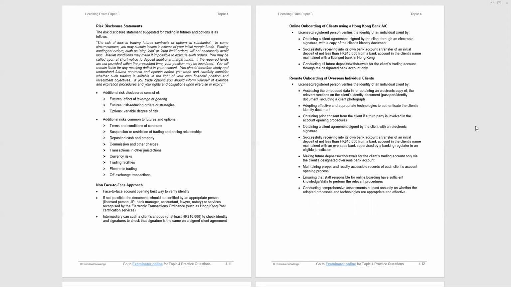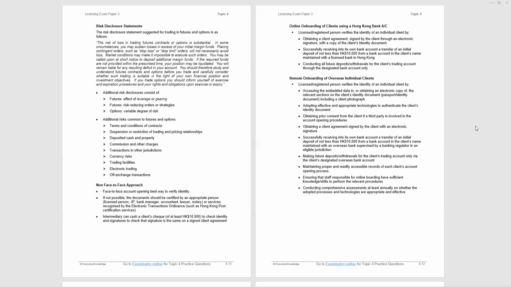Intermediary can cash a client's check. This is the classic, at least 10,000 Hong Kong dollars to check identity and signature. And obviously you'll compare the signature on the $10,000 check to that on the client agreement.